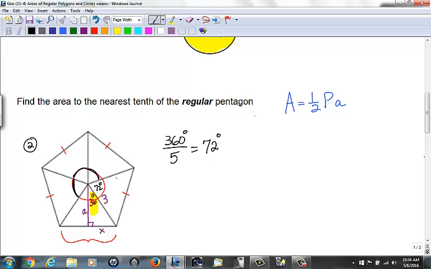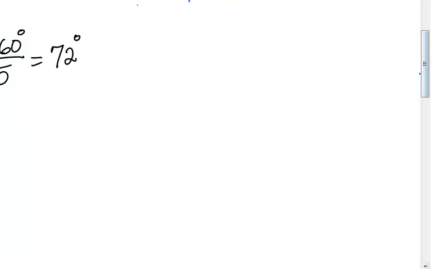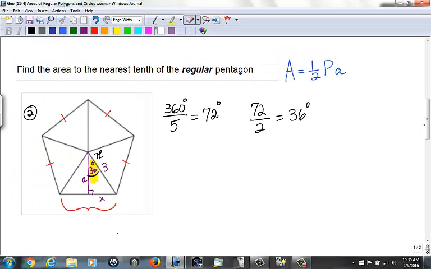But if I drop a perpendicular down, that bisects that angle. So this angle is half of 72 degrees, so it is 36. For every regular pentagon, that angle is going to be 36 degrees. That's the easiest way to find it. Think about your circle, divide it by the number of sides or number of triangles, and then drop your perpendicular and bisect it. So we've got our angle.